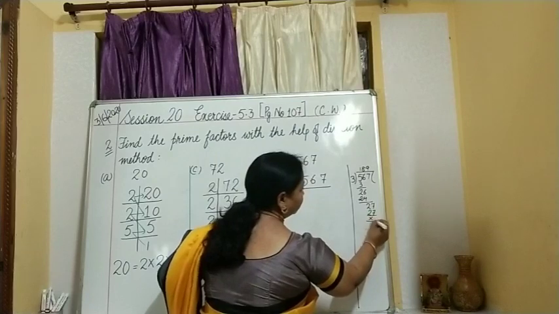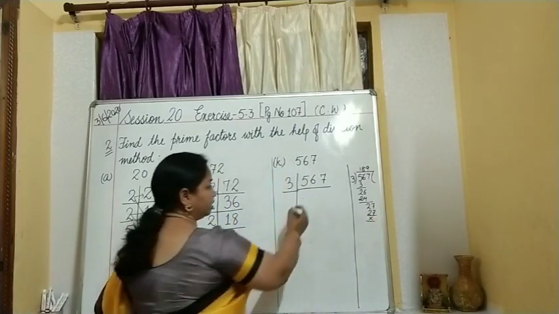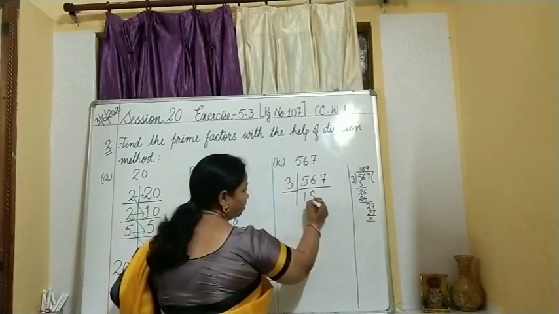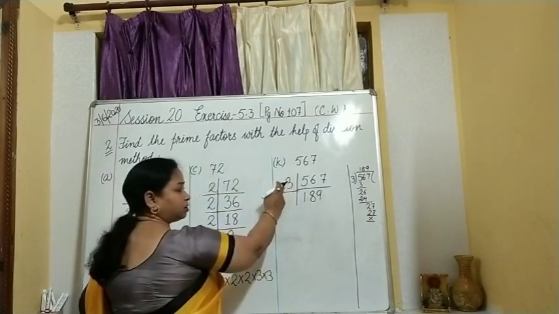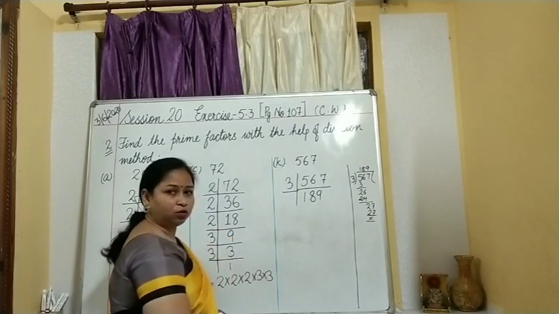So what is the quotient you have got here? 189. So we will write the quotient over here. This is the dividend, this is the divisor, and the quotient is written over here.